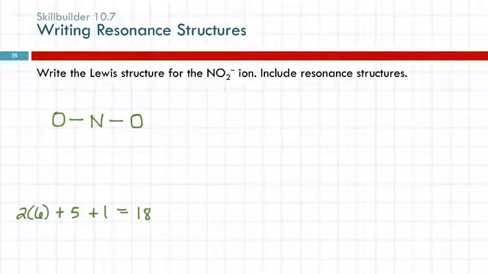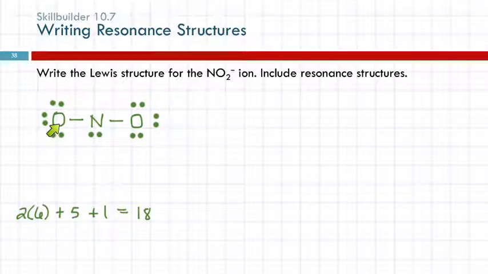We need some bonds. So we've got 2, 4, 6, 8, 10, 12, 14, 16, 18. So I used up all my electrons, but nitrogen doesn't have an octet. One of these oxygens has to share.